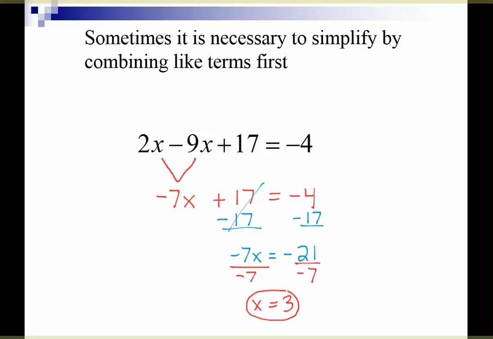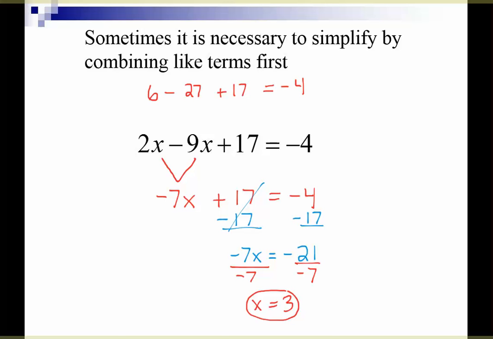Let's plug in the 3 and just make sure that we get the right answer. 2 times 3 is 6. 9 times 3 is 27, so we might have something like 6 minus 27 plus 17 equals -4.